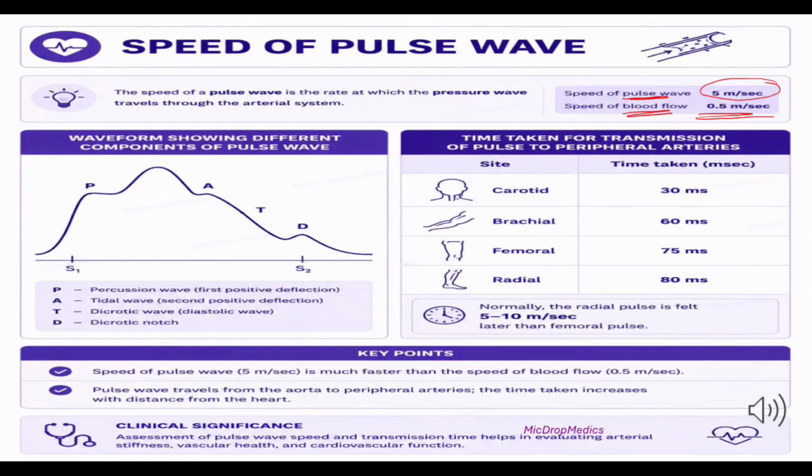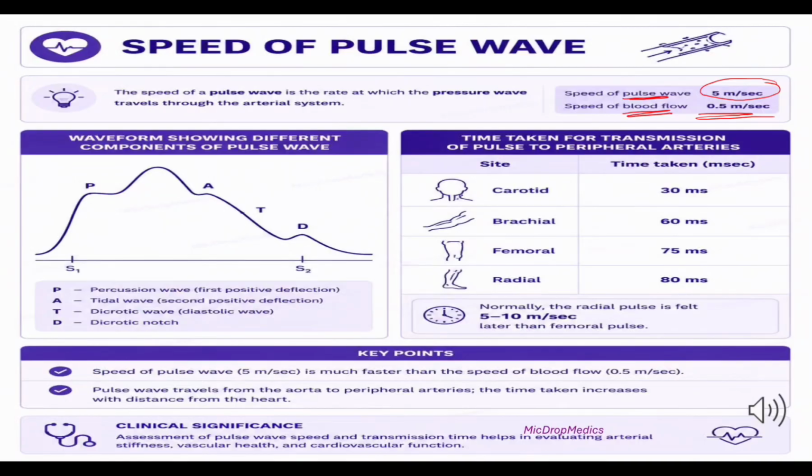Think of it like a row of standing dominoes. If you push the first domino, the wave of falling dominoes travels down the line instantly, even though each individual domino only moves a couple of inches. The pressure wave travels 10 times faster than the physical red blood cells.